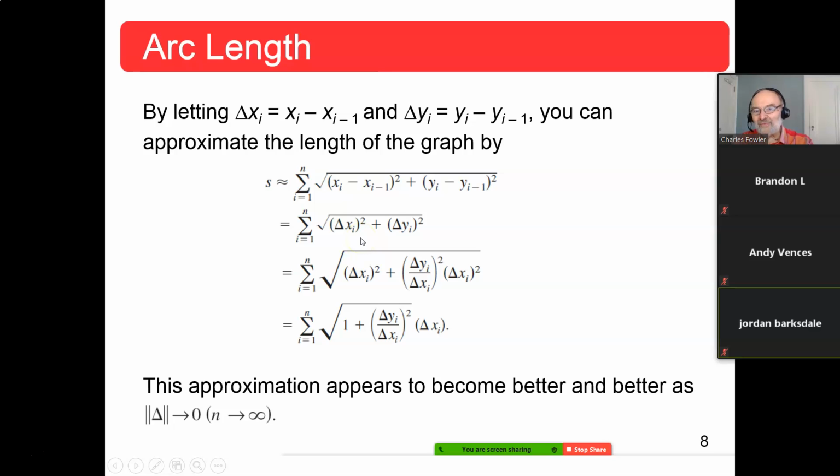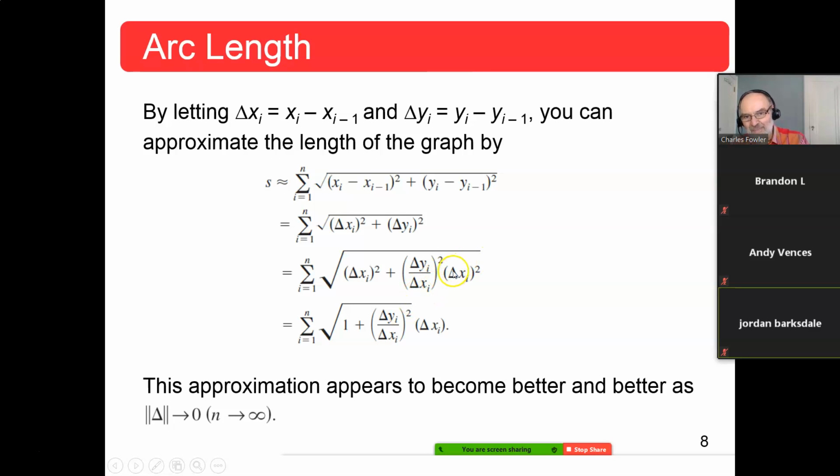Now, here's where the trick comes. Okay, what they're going to do here is divide everything by, well, not quite, close to it. They're going to get there in a minute. Well, they're going to multiply the second term by delta x of i squared over delta x of i squared.